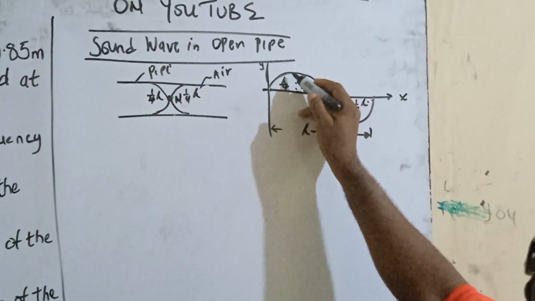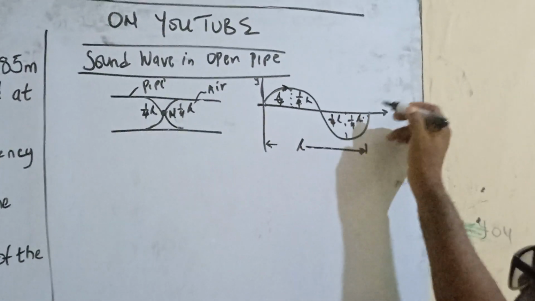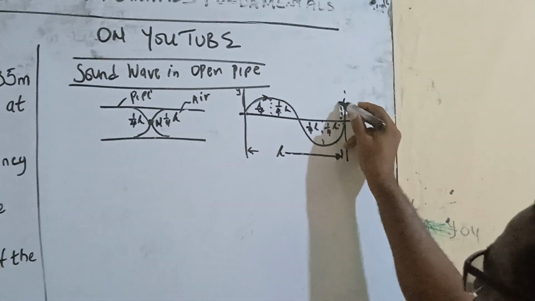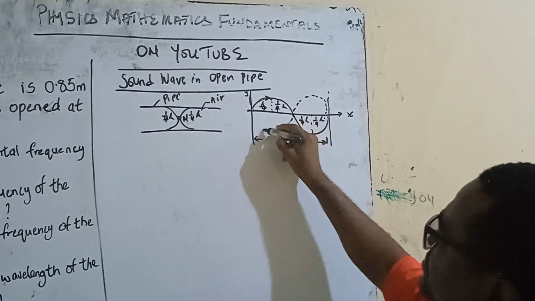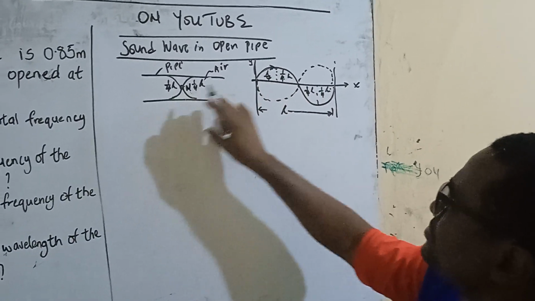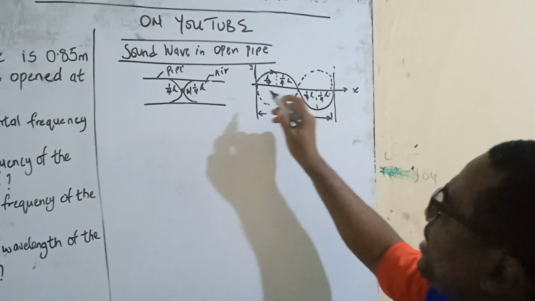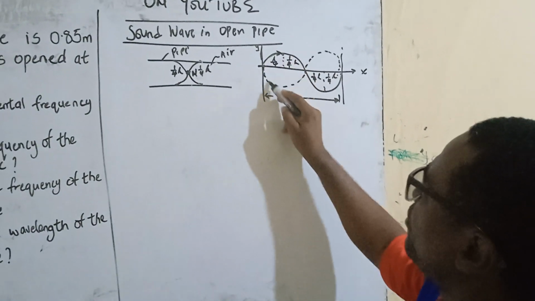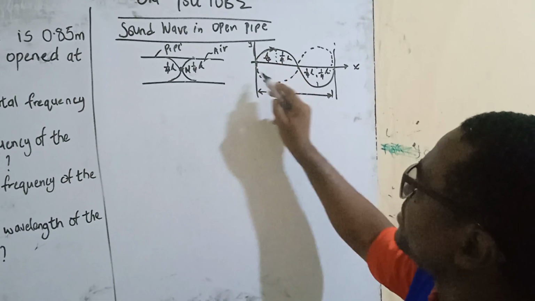Now, if we have a standing wave, that means there will be a reflection of this wave like this. If you compare this diagram to what I have here, we can see that this portion resembles this, that is a quarter.